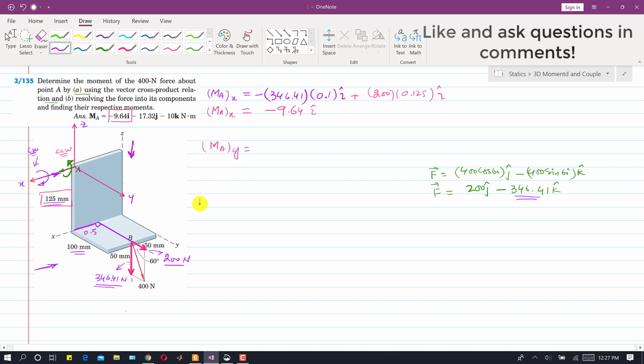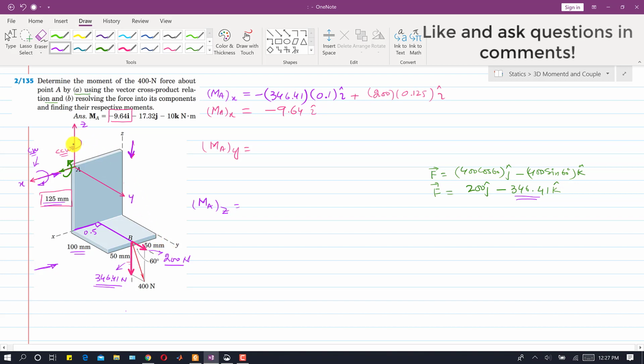So first let me write the moment about A along the z-axis. If we look into this 200 Newton component from this top direction, it will produce the moment about z. So what will be the direction of this 200 Newton force about z? This will be the direction.